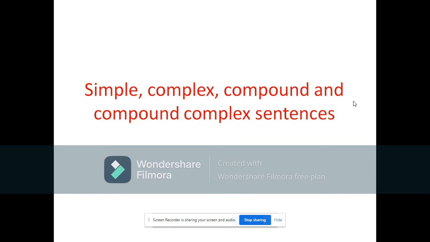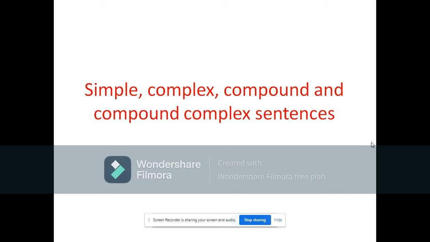Simple, complex, compound, and compound complex sentence. So, what's a simple sentence? What type of a sentence is a complex sentence or compound sentence?